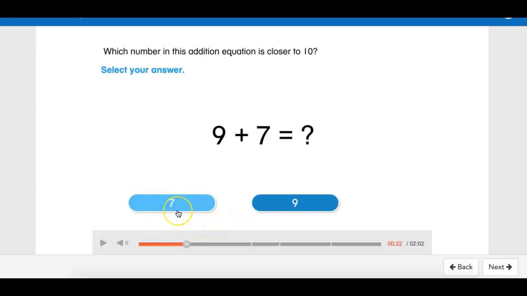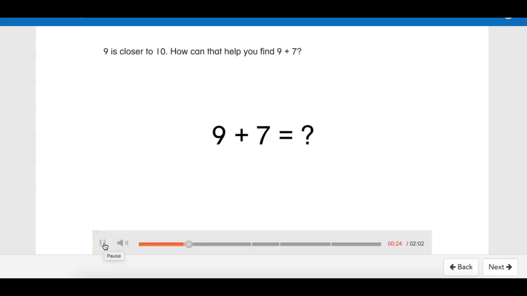Well, if we have 7 and we need to get to 10, that would mean we would need to add 3 more. But if we're at 9 and we need to get to 10, we would only have to add 1 more. So 9 is closer to 10. Nine is closer to 10.